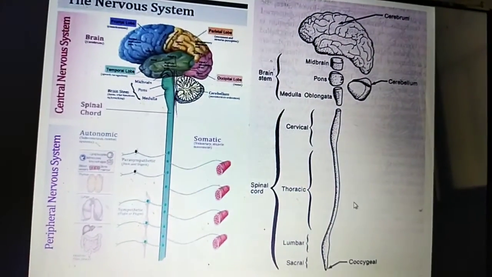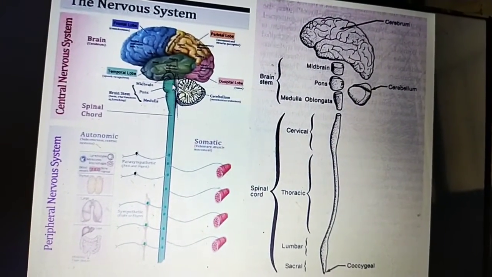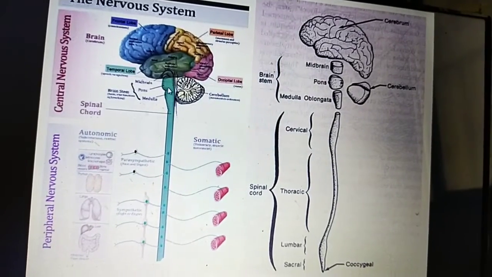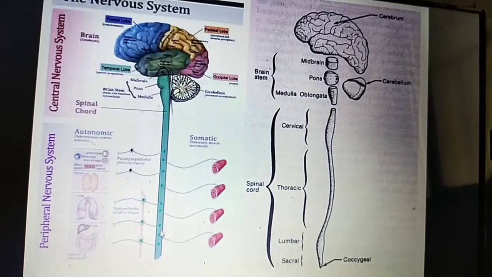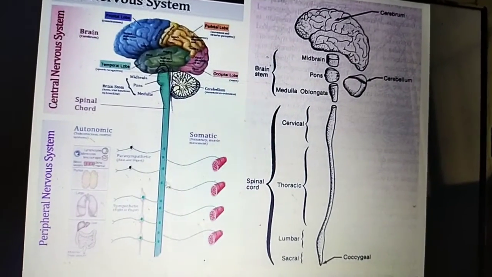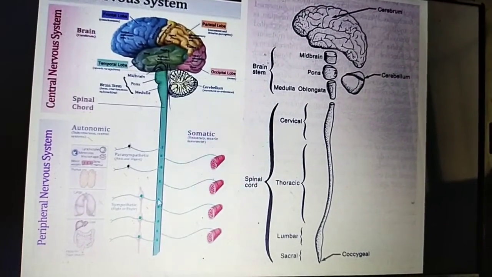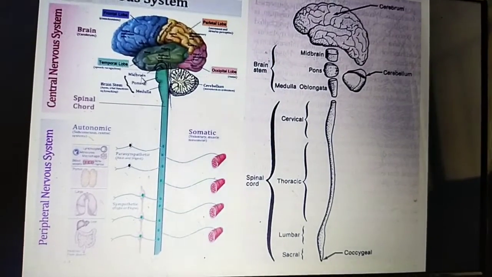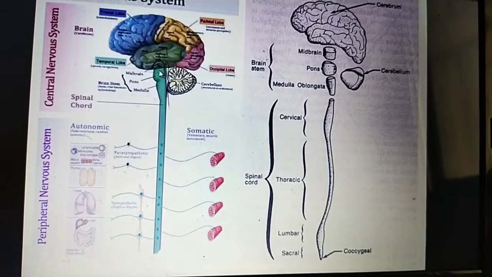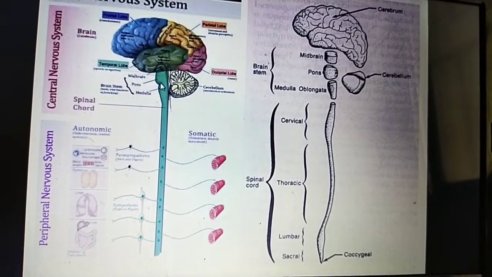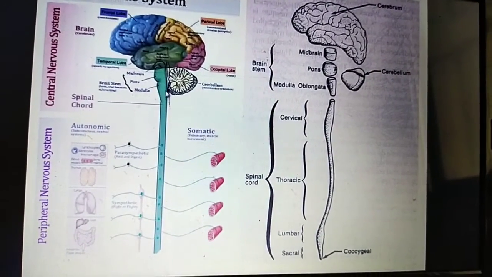Okay, you can see here the midbrain, brainstem, and the continuation of the spinal cord. It is the midbrain, the pons, and this is the medulla oblongata.